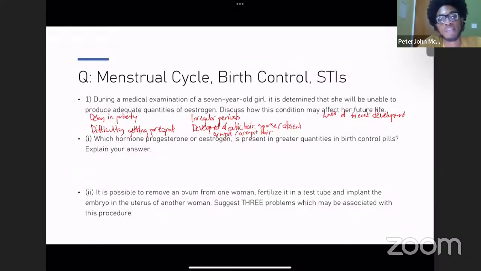First, when you take birth control, you don't menstruate. That's one thing.